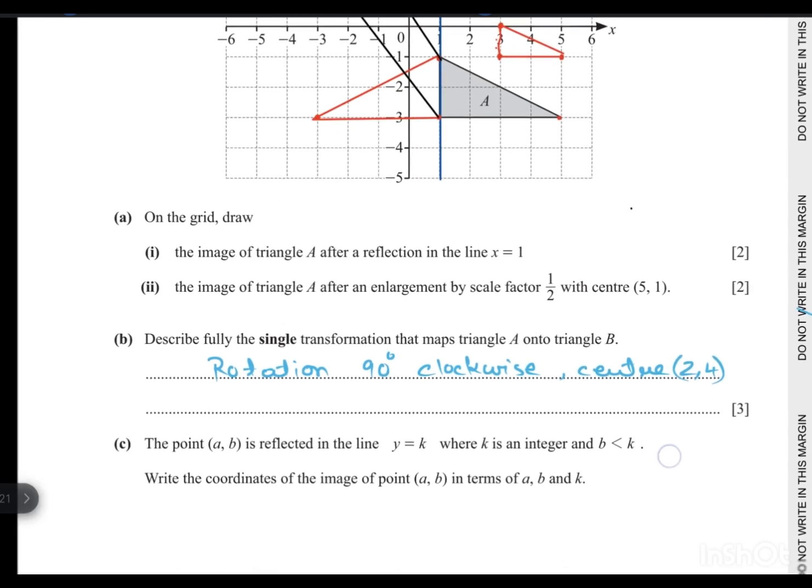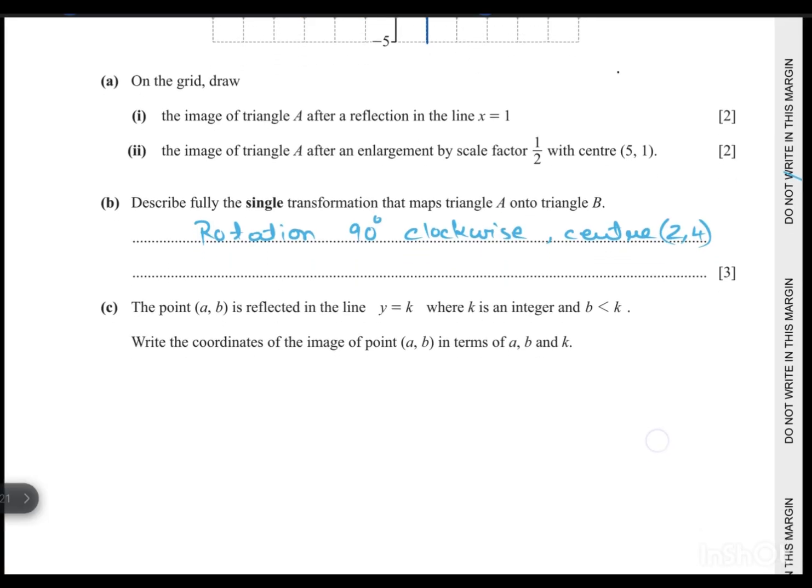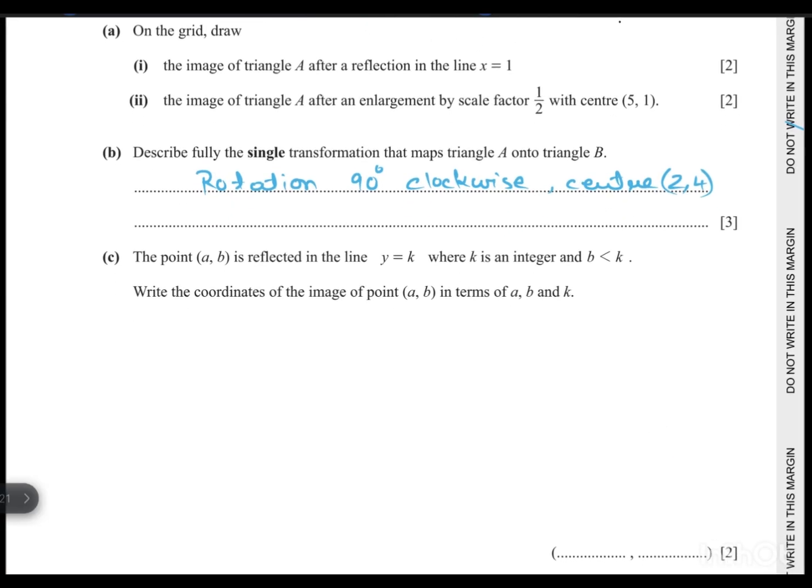Now question C. Point (a, b) is reflected in a line y equals k, where k is an integer and b is less than k. Write the coordinates of the image of point (a, b) in terms of a, b and k. So here let me show you how this question is asked.